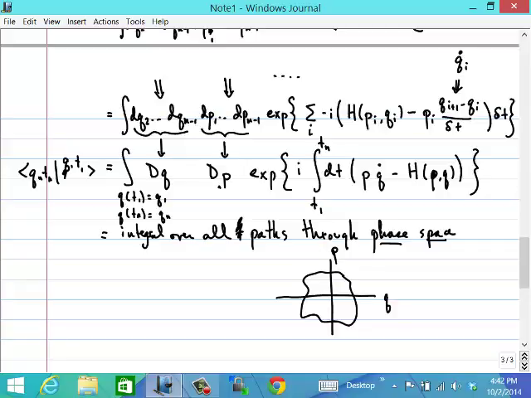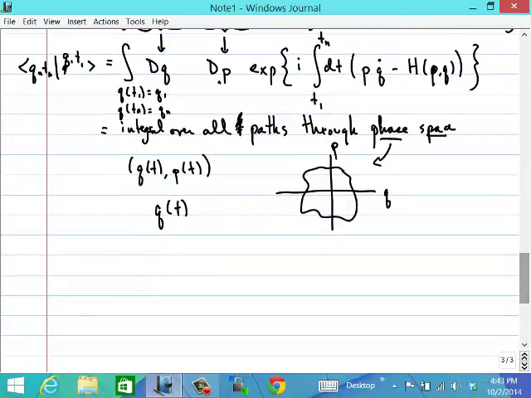Whereas configuration space is the set of all possible Q's. So when we integrate over all paths through phase space, we're integrating over all functions Q of t and P of t. Whereas when we integrate over all configurations, we're integrating just over all Q of t. Okay. So the question then is, can we reinterpret this expression where we integrate over all paths through phase space as an integral over all configurations?